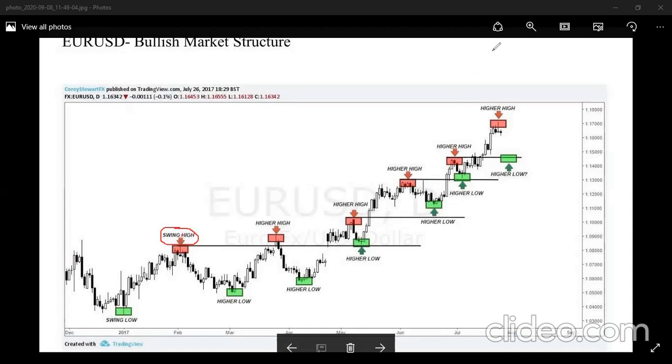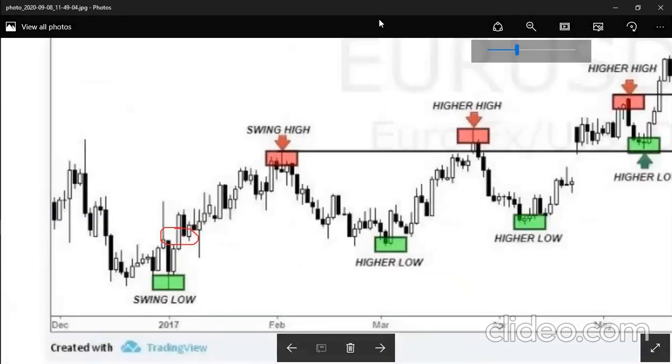Now, if you look back, there was this swing high here, 1, 2, 3, and several more, 1, 2, 3. These were all swing highs also, but these swing highs did not change the direction of the market.